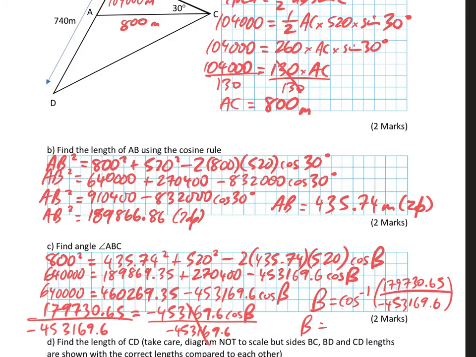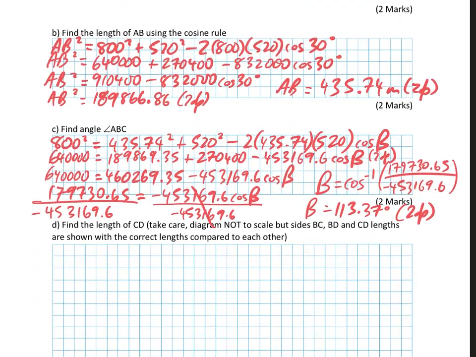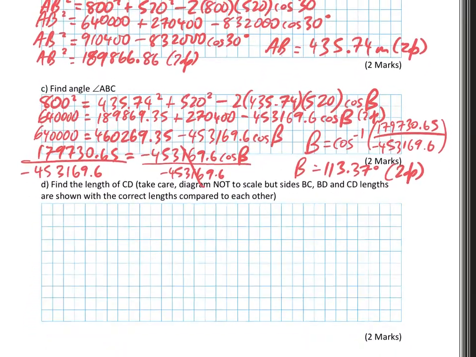B is going to be the inverse cosine of that answer, 113.37 degrees, rounded to 2 decimal points. I also need to indicate that I rounded to 2 decimal points there too, because I did. I lost accuracy at that point. 113.37 is that.